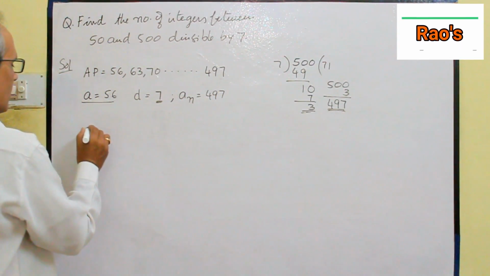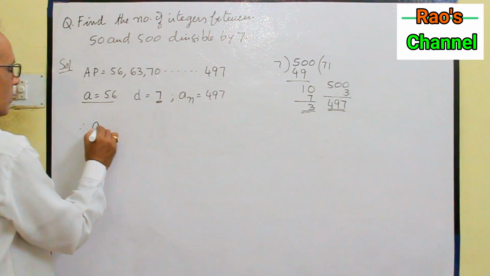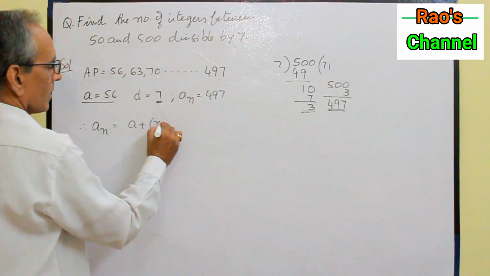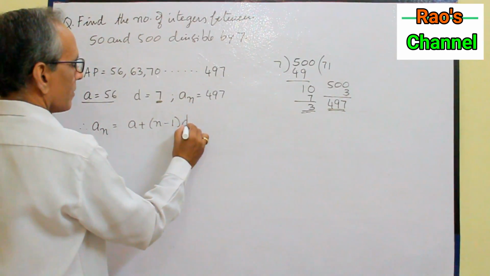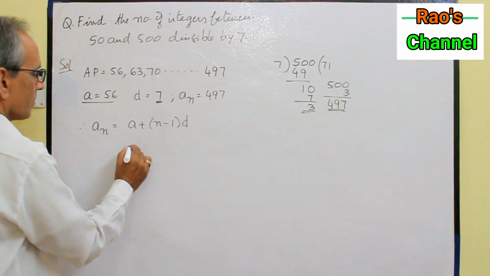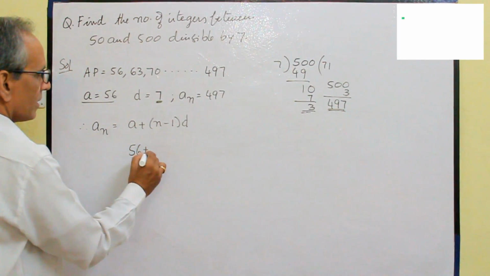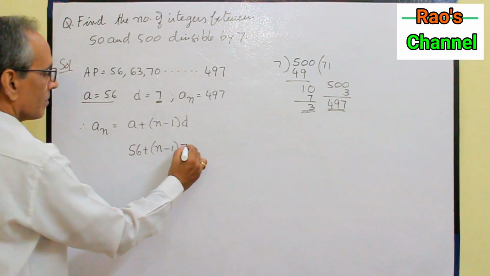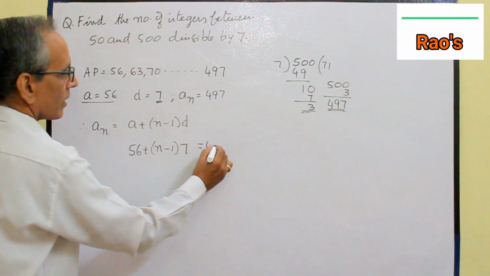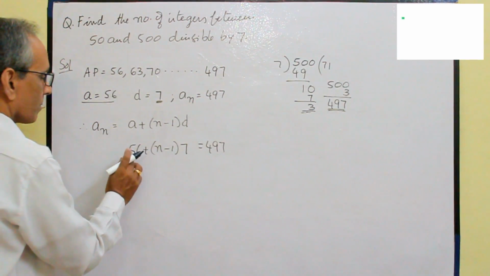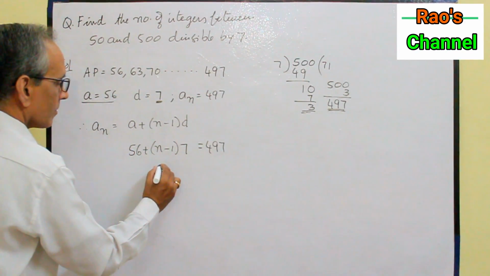Therefore, what is the general term of an AP? That is A plus n minus 1 D, which is already known as 497. So A is 56 plus n minus 1 times D, which is 7, equals 497. So I subtract this 56 first.